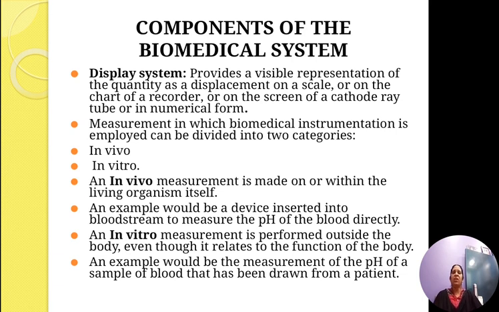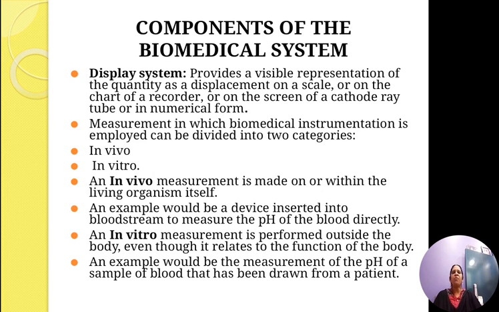Measurement in which biomedical instrumentation is employed is divided into two major categories, that is in vivo and in vitro. In vivo measurement is made on or within the living organism itself.